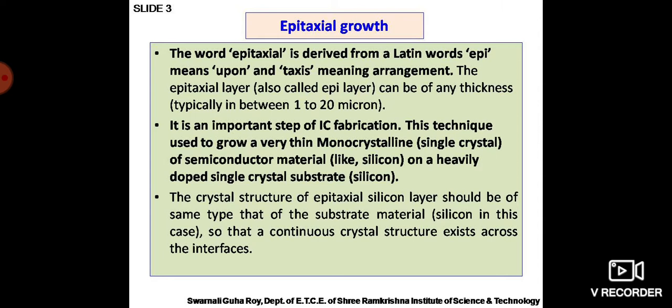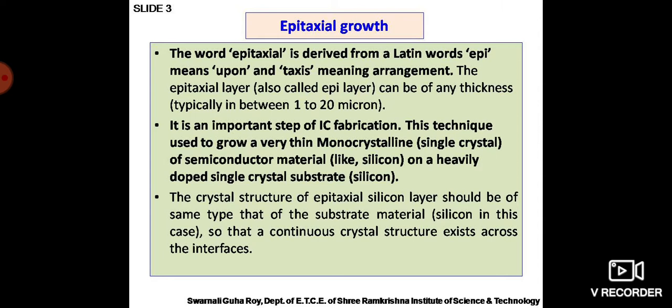The word poly means numerous crystals together in a particular arrangement. A number of crystals are together. However, in this case, we have to fabricate a single crystal, which is called monocrystalline.